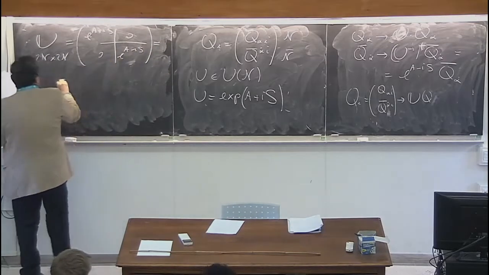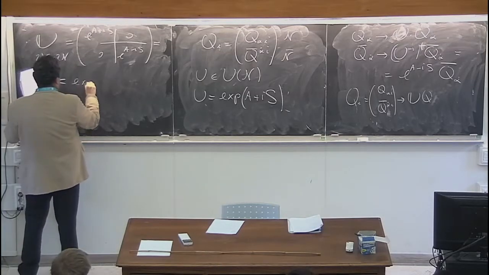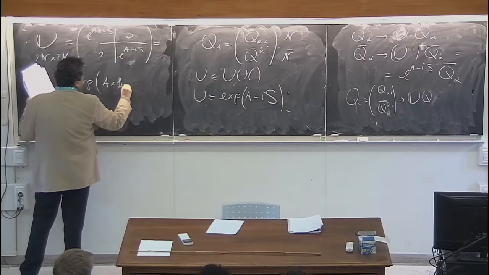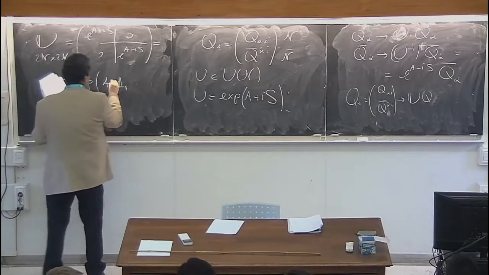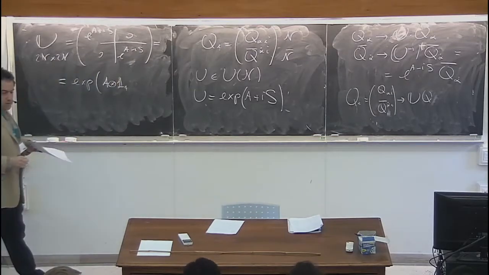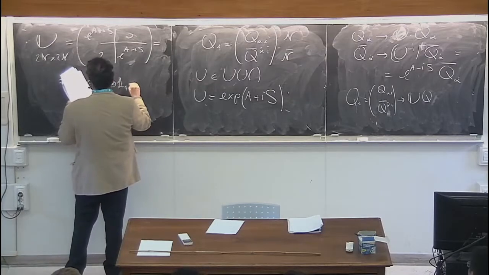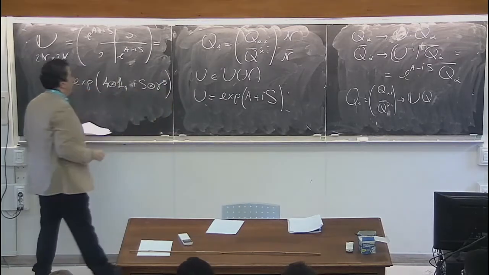But believe me that you can easily check this is nothing but the exponential of A times the 4 by 4 matrix acting on the spinor indices, minus i S gamma 5.